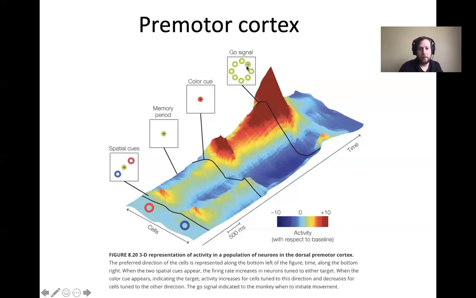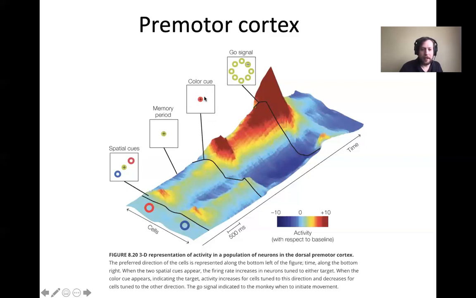By the way, the target, which they call the go signal, is this thing right here, which is occurring in the upper right side of space. But at the beginning of the trial, you're given 2 possibilities of where things could occur. This is a preparatory interval, or a delay interval, because they've given you a cue, and then you're waiting, it looks like 500 milliseconds, before you are given this color cue right here.